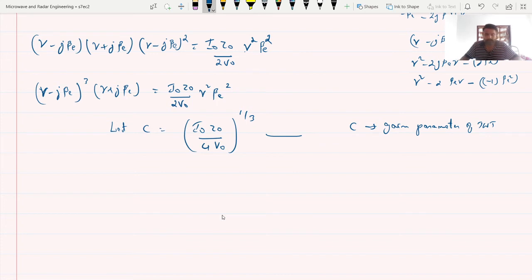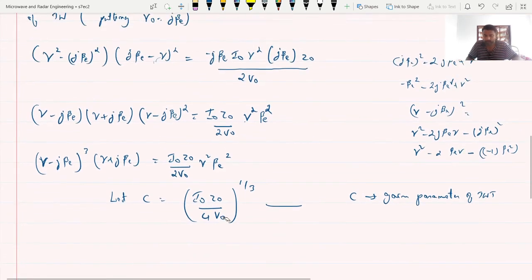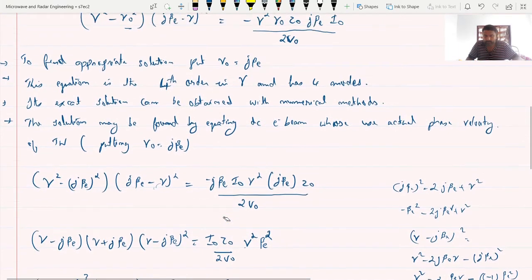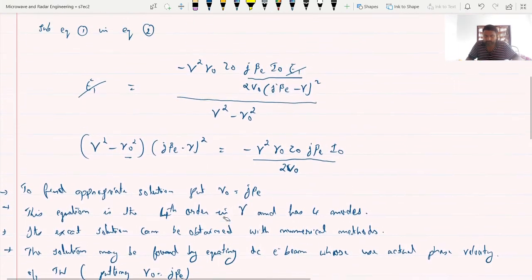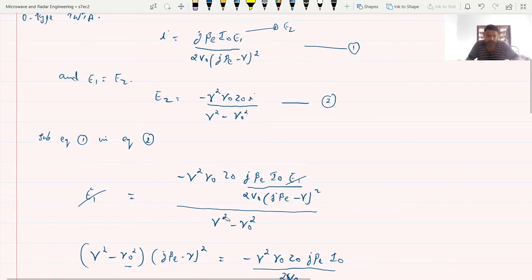So what I will do, substitute, that is equation 1. Now what is that equation 1? Equation 1, somewhere it is here. I put I naught z naught by 4 v naught.